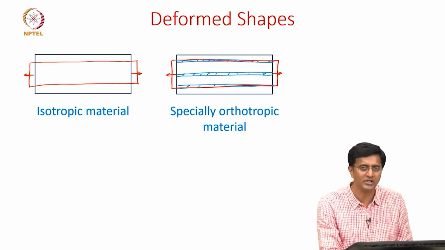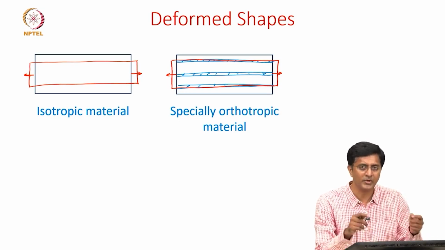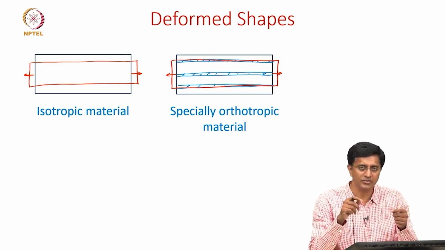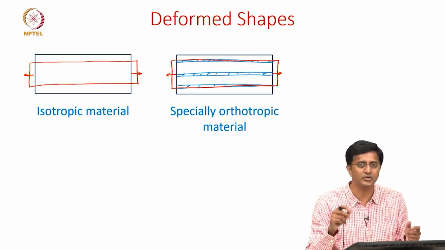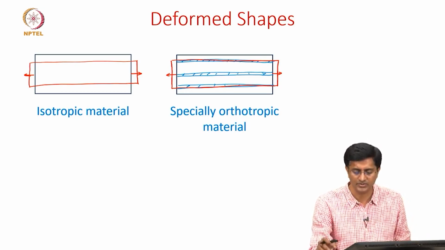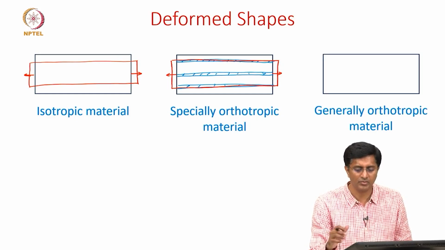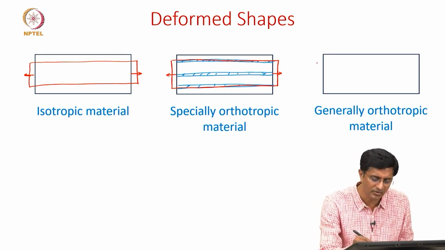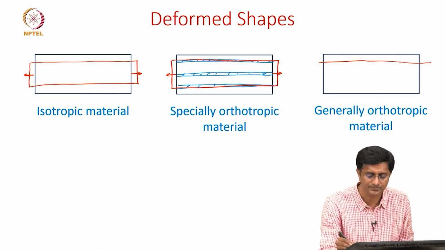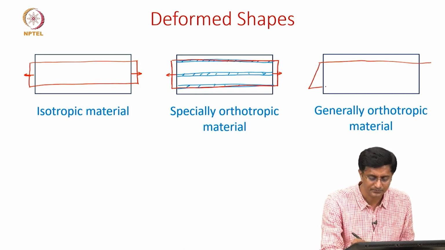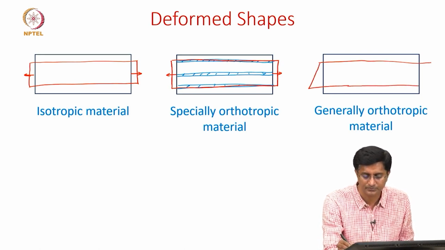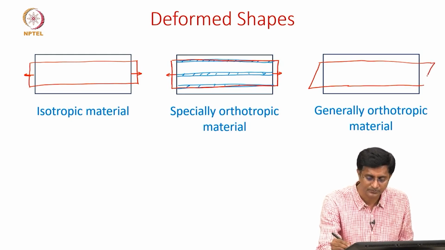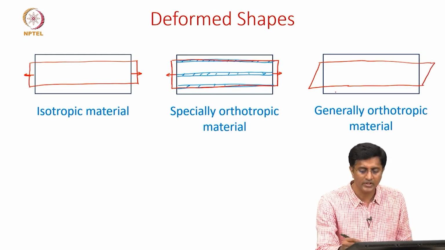But for the same material, instead of applying the load along the direction of fibers, if I apply loads at an angle to the direction of fibers, then the deformation will be slightly different. There we will expect to see a shear. And why is it so?